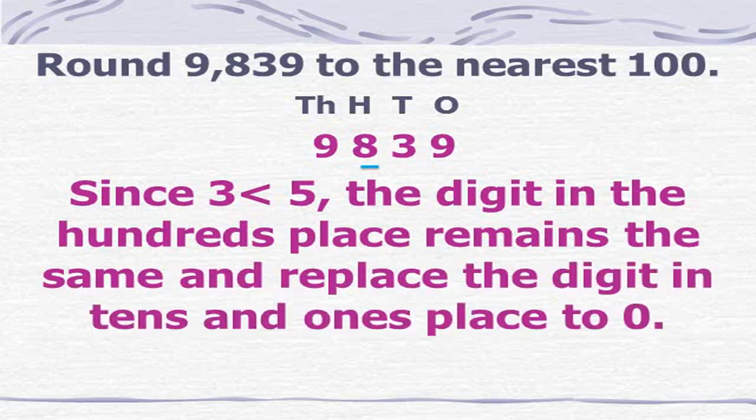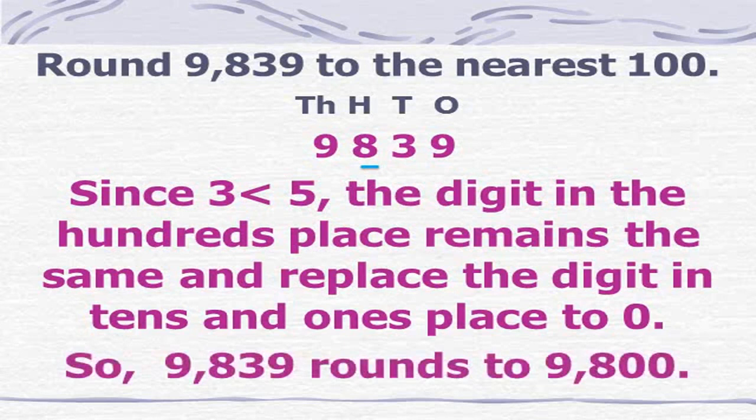So here 9839 rounds to 9800. Children, here you can see that the rounding digit, that is our 8, did not change, and the digits to the right of the rounding digit are replaced with zeros.